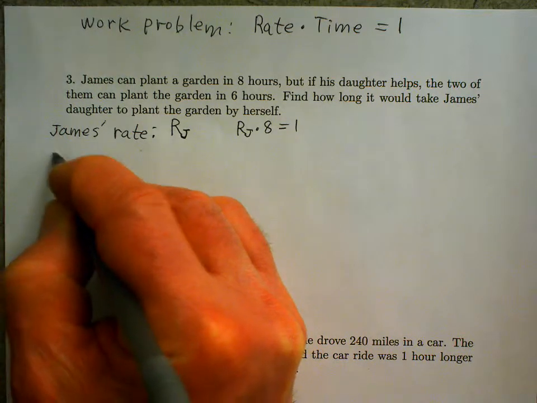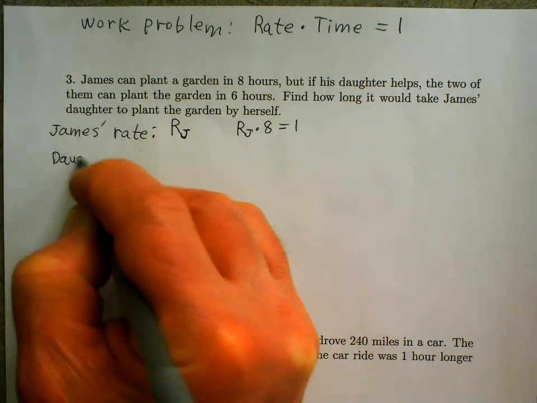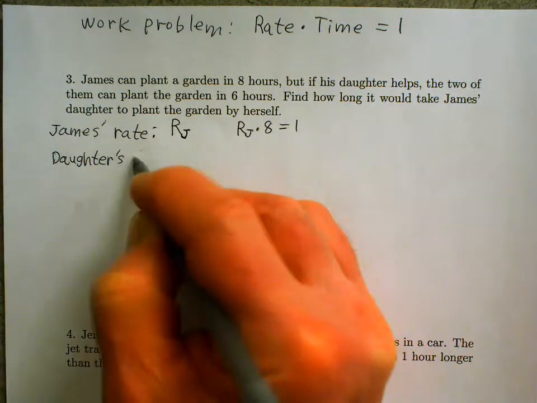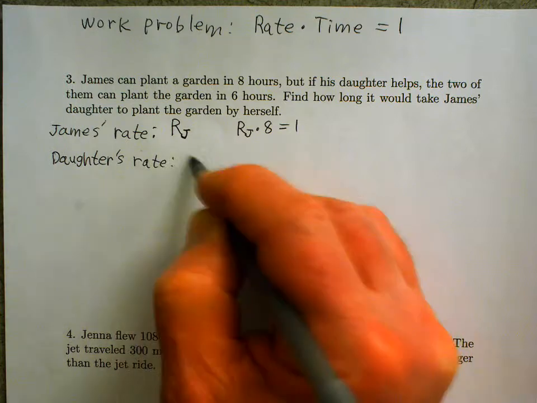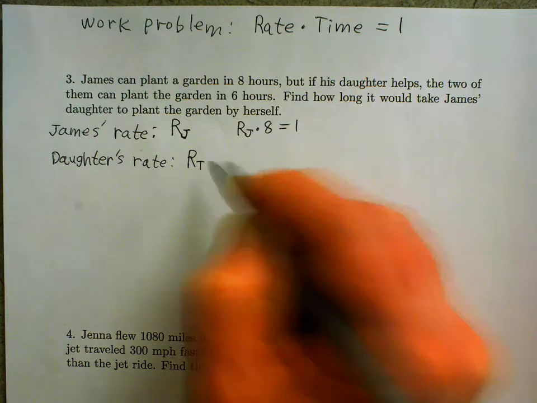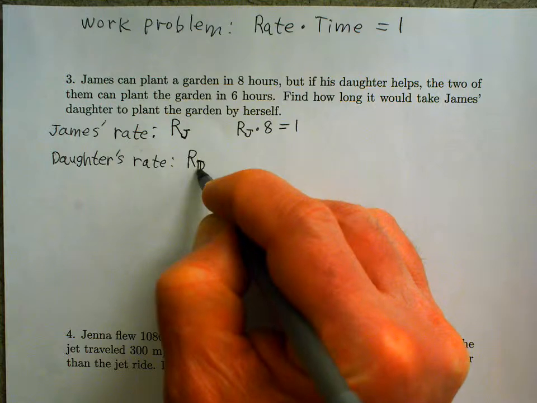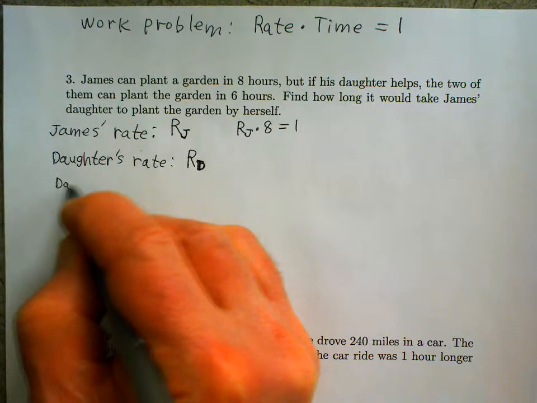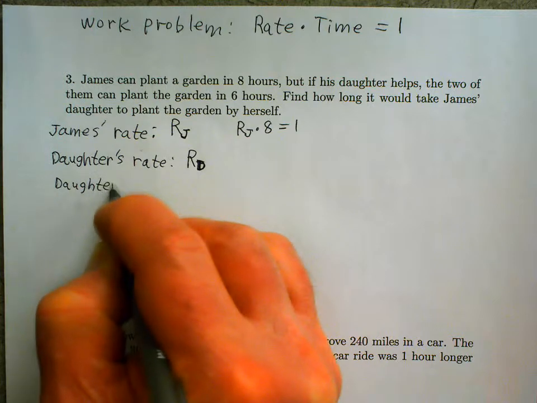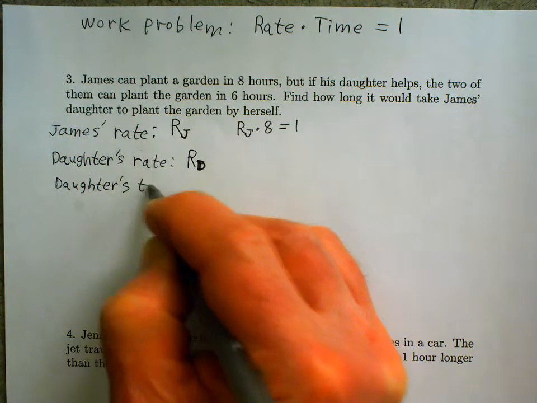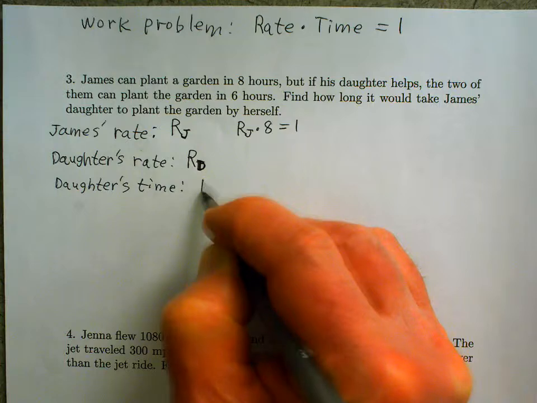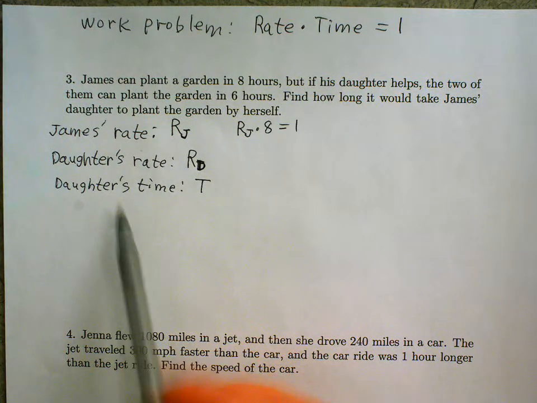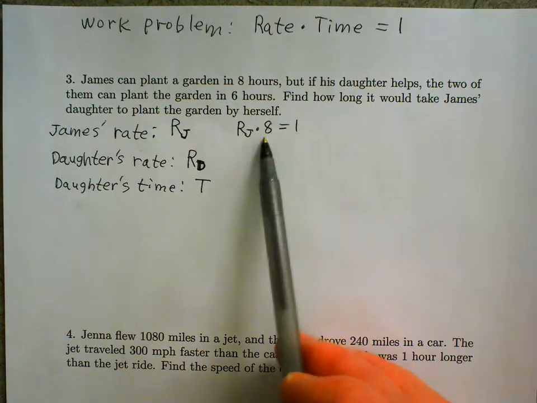Okay, so for the daughter's rate, I'll just use capital R sub D. And for the daughter's time, I'll just use capital T. We don't need to distinguish the daughter's time from James's time because we know what James's time is.